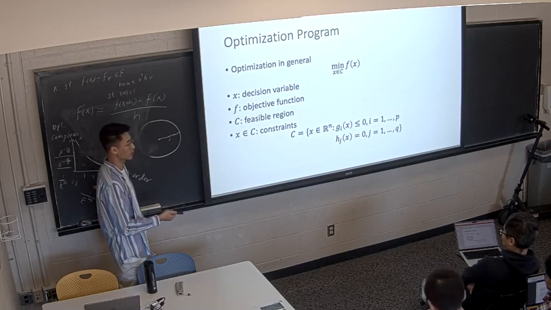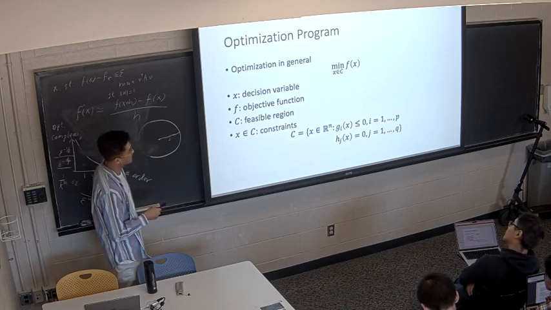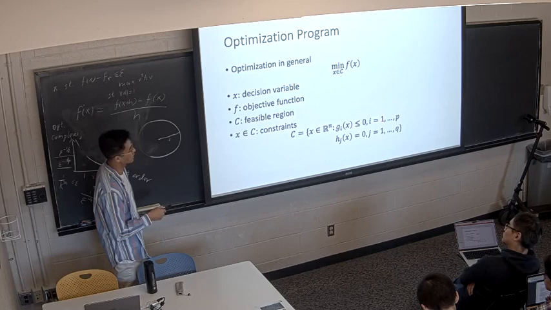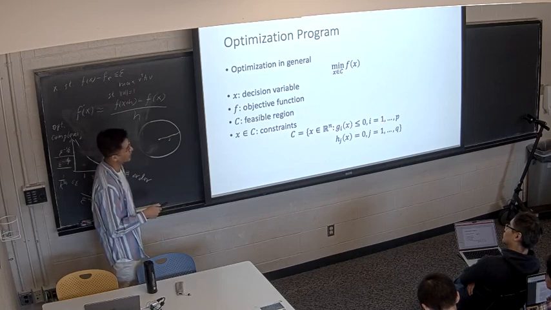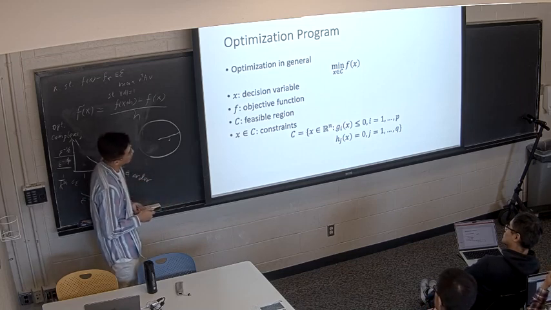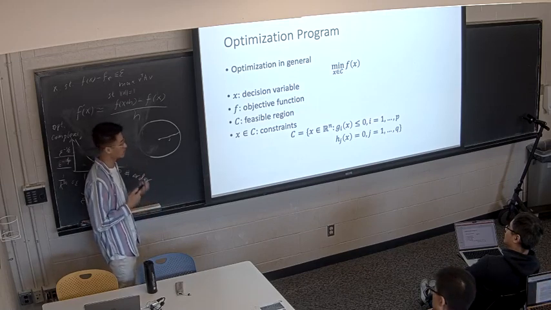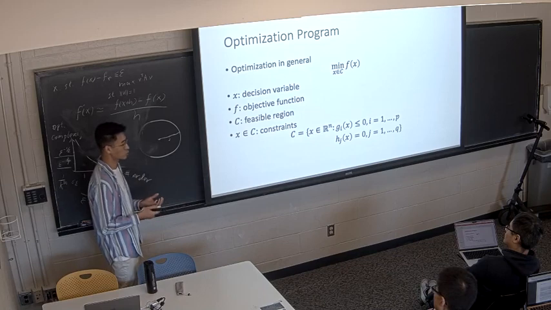So that's a different way of writing an equality as inequalities. Basically, C is described by a bunch of inequalities. Each gi is a function. gi could be linear, nonlinear, anything. But if it's nonlinear, of course, the problem will be more difficult to solve. The constraint will be more difficult to satisfy.